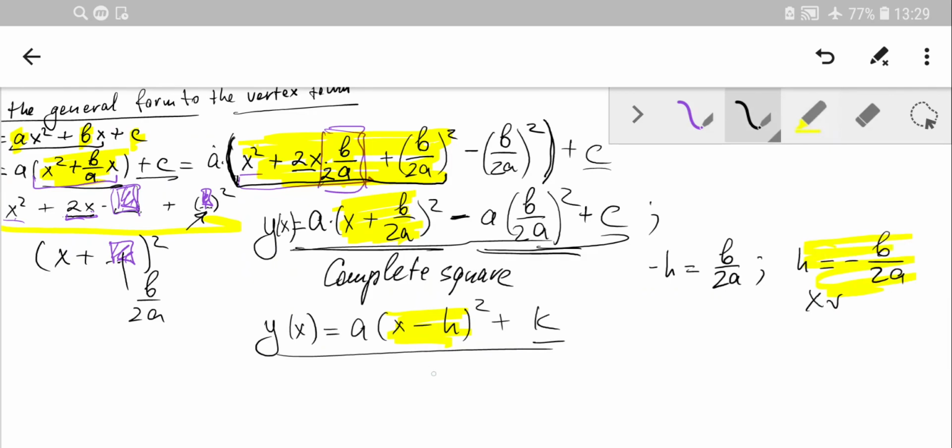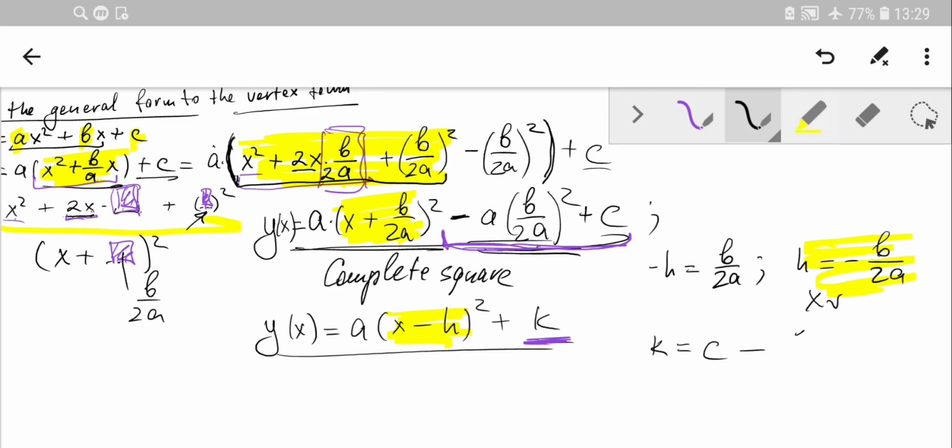And now the rest, coefficient k, should correspond to the rest part of your equation. So here k is simply, I just rearrange and say that it's c minus a times b over 2a squared. So actually I can cancel, right?